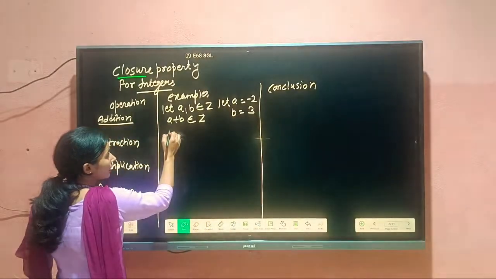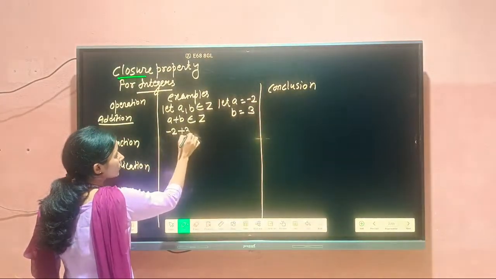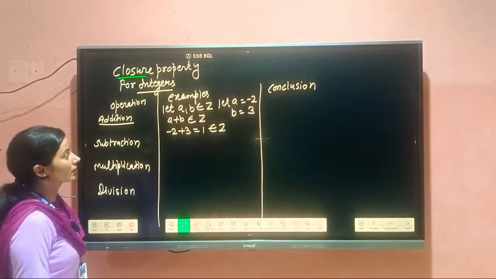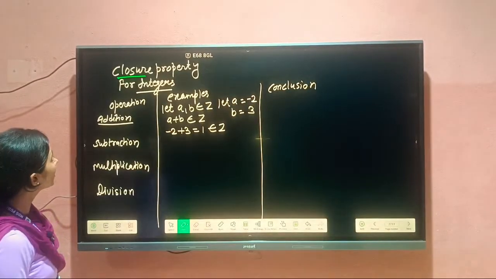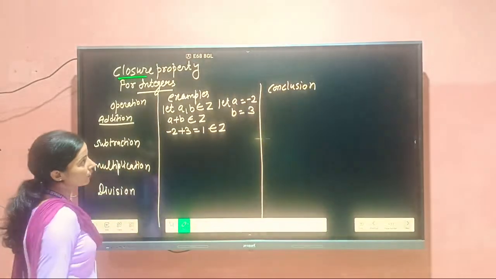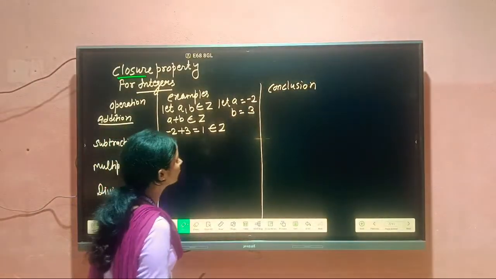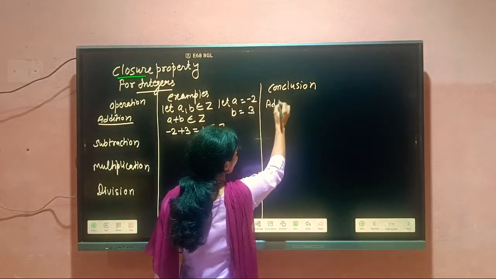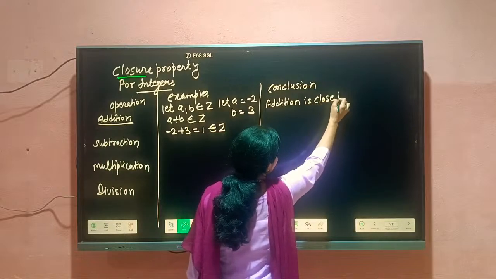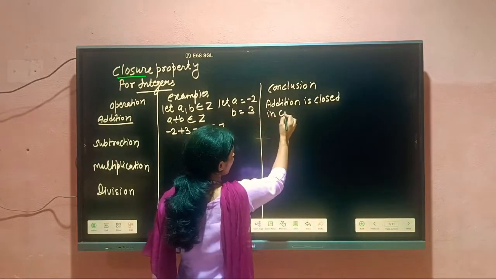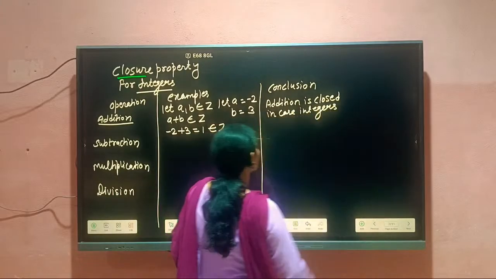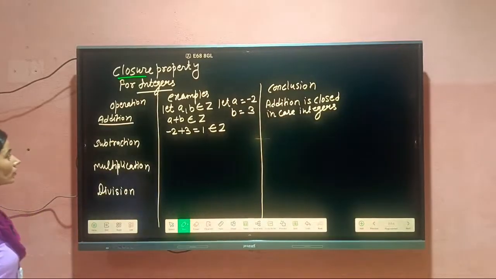Let's verify. The answer is 1. 1 belongs to the set of integers. So integers are closed under addition. Addition is closed in case of integers.